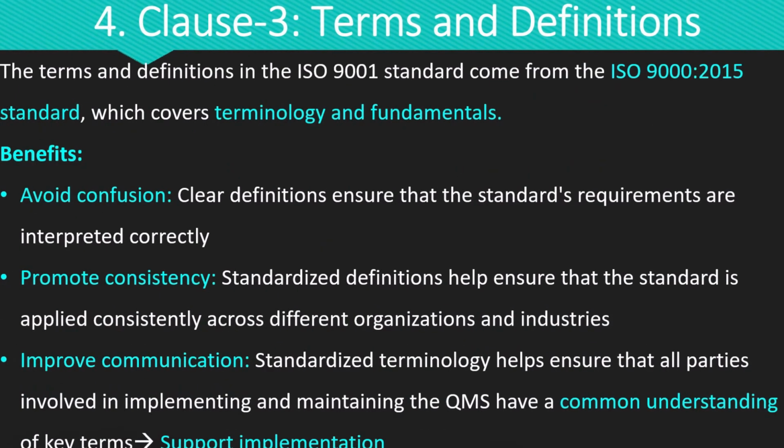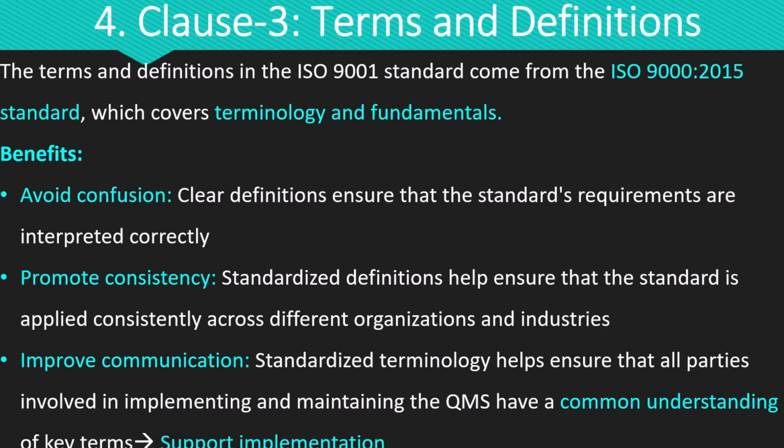The last is clause 3, terms and definitions. The terms and definitions in the ISO 9001 standard come from the ISO 9000:2015 standard, which covers terminology and fundamentals. The benefit of knowing these terms and definitions is to avoid confusion. Clear definitions ensure that the standard requirements are interpreted correctly, and it promotes consistency.